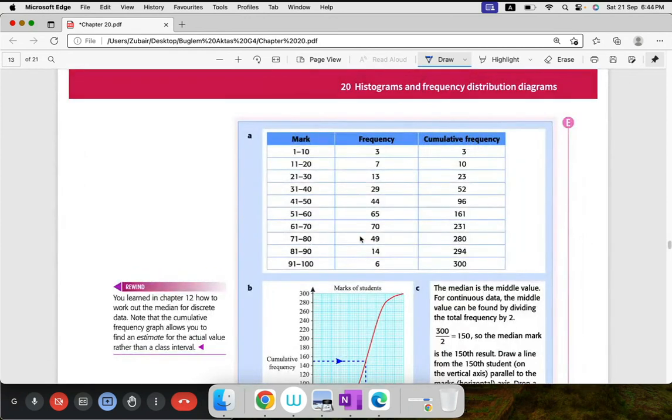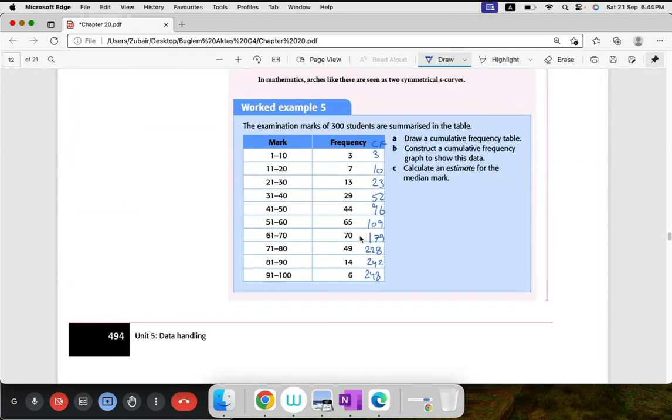I missed a number. Let me quickly check it. 3 plus 7 is 10. 10 plus 13, 23 plus 29 is 52, plus 44, 96 plus 65 is 161. I missed 65.